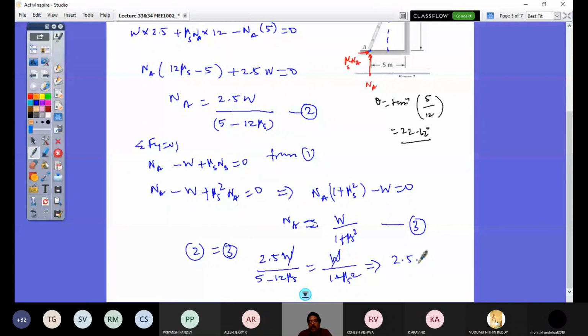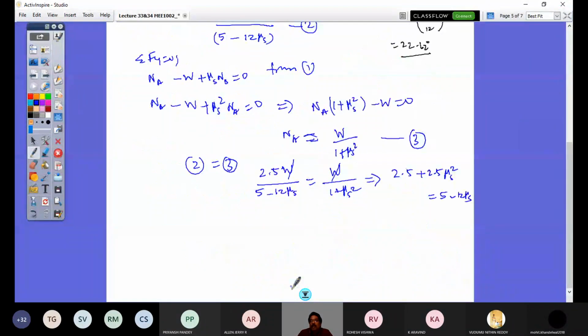So this equation can be rewritten as 2.5 mu s square plus 12 mu s, and this 5 comes here, so minus 2.5, equal to 0.